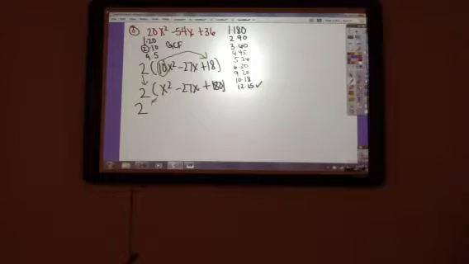Again, we bring down the 2. We have x minus 12 and x minus 15. Now that we're at this point, we still have to remember we initially multiplied by this 10, so now we have to come back and divide by this 10.